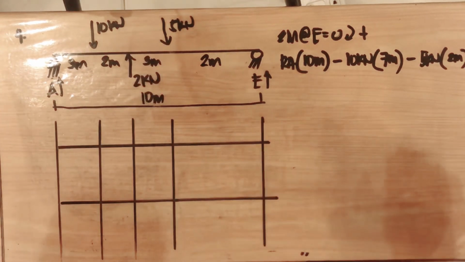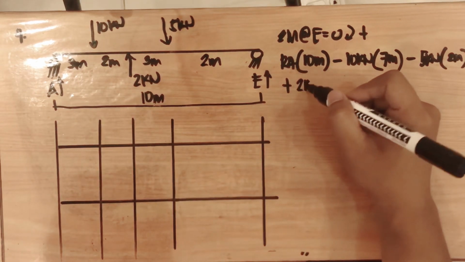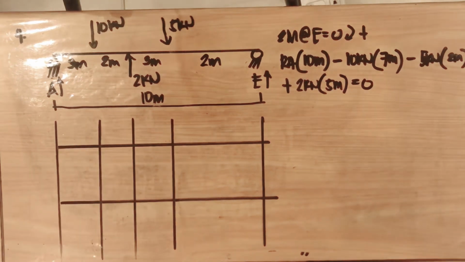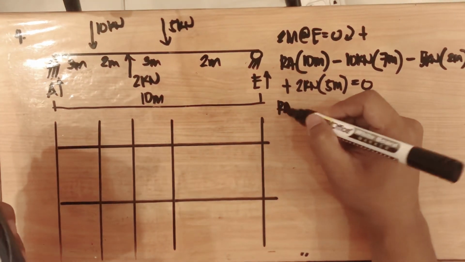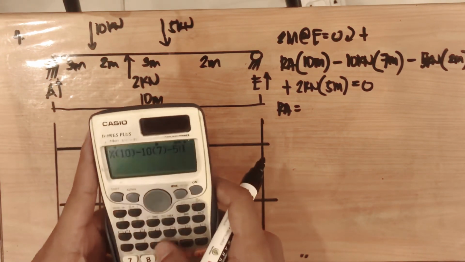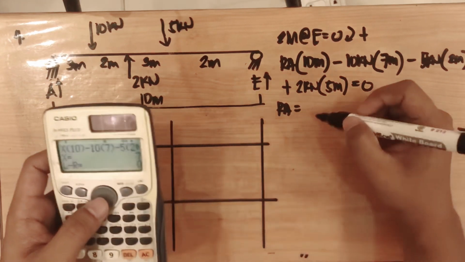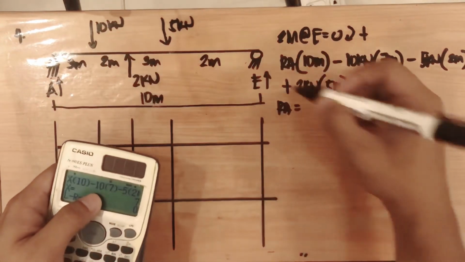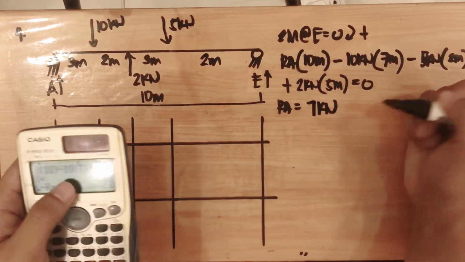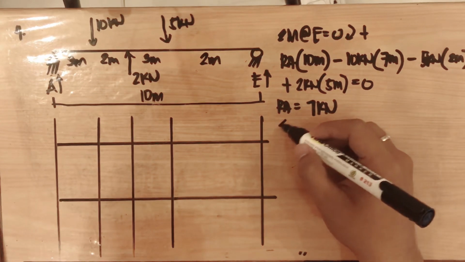Then yung upward load, plus, since clockwise ikot niya, 2 kilonewtons times 5 meters equivalent to 0. So ilan yung value natin for RA? RA times 10 minus 10 times 7 minus 5 times 2 plus 2 times 5 equivalent to 0. So RA natin is positive, so it means tama yung ating assumed direction, which is upward. So 7 kilonewtons.